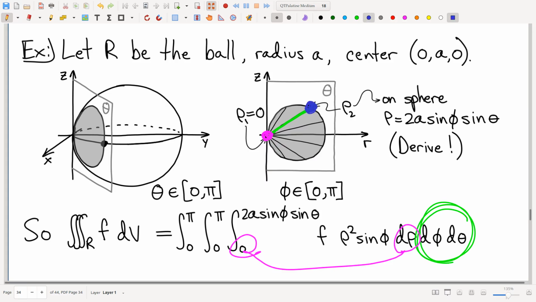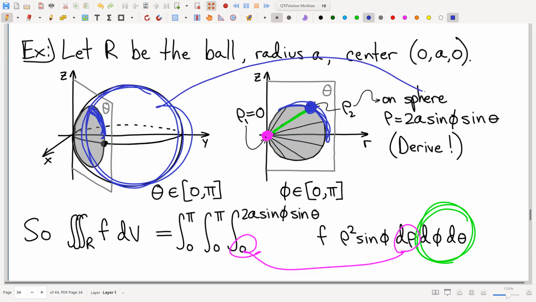Our last point is going to be that point right there, which I can see is on this circle, which of course comes from the sphere. And the sphere, again, there's a little bit of work to be done, and make sure that you can do this, right?